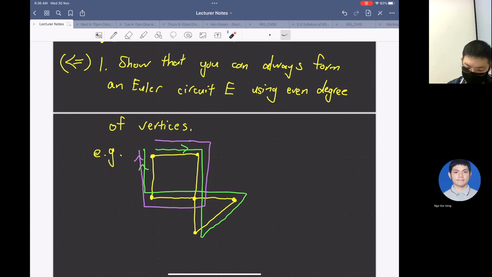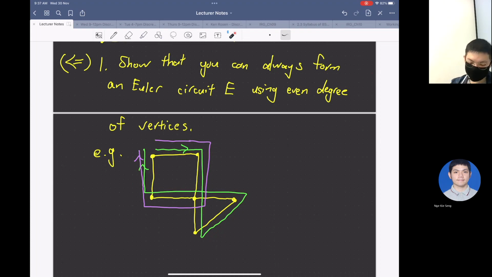So that means in general, either you can form the total one, or in general you might not find the total Euler circuit. Do you understand?